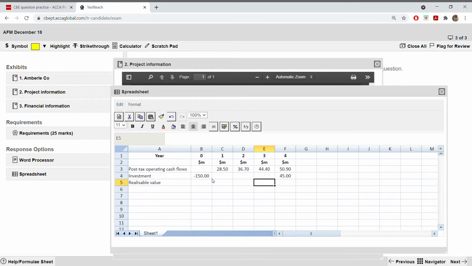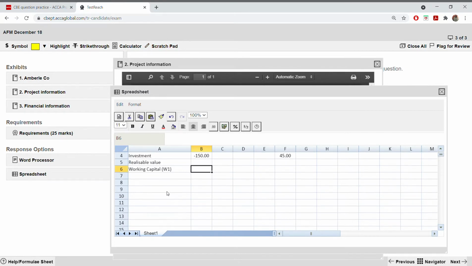Next, working capital. For working capital, you have to do workings. Remember, you have to inflate it. So working is required. Either you can take some space and do your workings down below, or you can do your workings in the scratch pad, wherever it is, but I prefer you do it below.